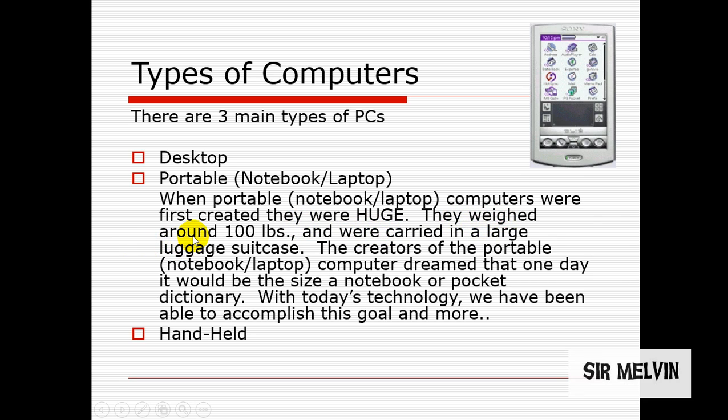They weighed around 100 pounds and were carried in a large luggage suitcase. The creators dreamed that one day it would be the size of a notebook or pocket dictionary. With today's technology, we have been able to accomplish this goal, and they are even more handheld.